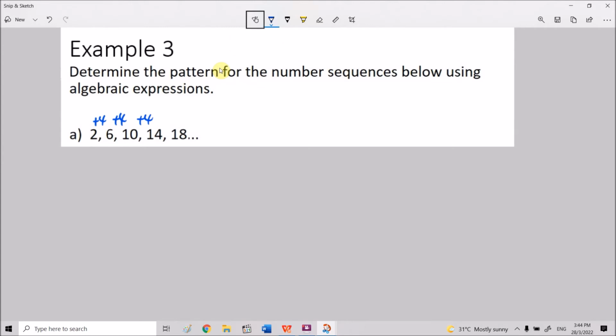So now if you want to write as what I did just now, we have 2, 6, 10, 14, 18, and so on. And you can see that 6 is actually 2 plus 4. And then for 10, it is 6 plus 4.